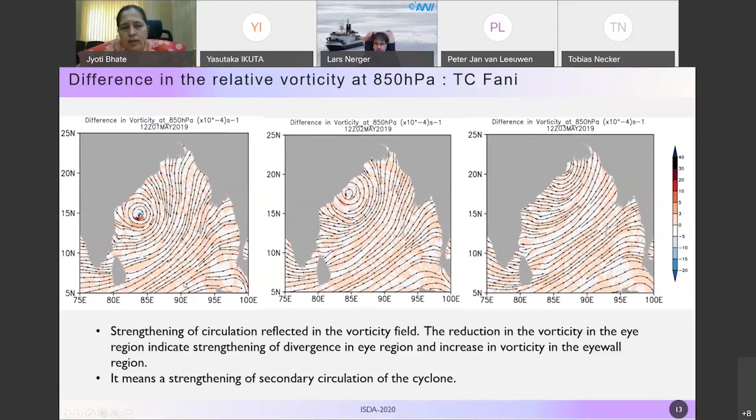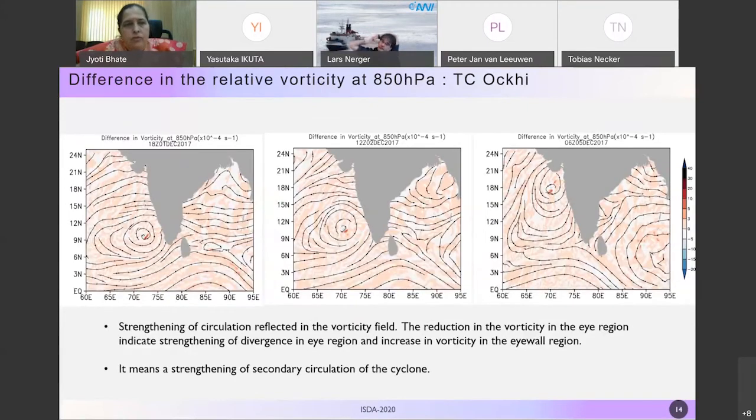So there is a strengthening of circulation in the vorticity field over the eyewall region and a reduction in vorticity in the eye region, which shows a strengthening of secondary circulation near the eye of the cyclone. Similar differences we calculated for the tropical cyclone Oki, but this difference is seen near the eye of the cyclone here also and not over the other cyclonic region.